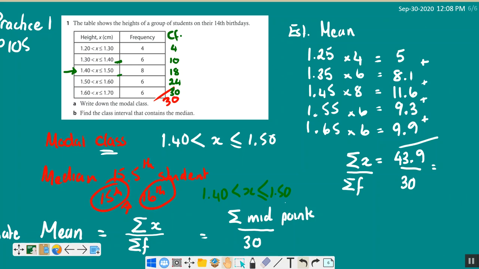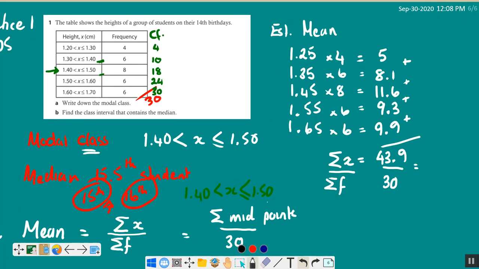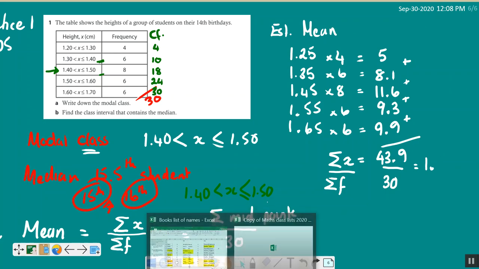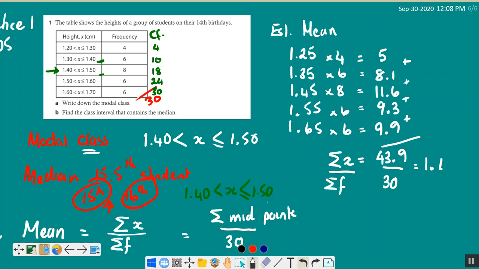And what do you get? 1.64. 1.46. 46. Should I just do 46 then? Why would I choose to just do 46 instead?